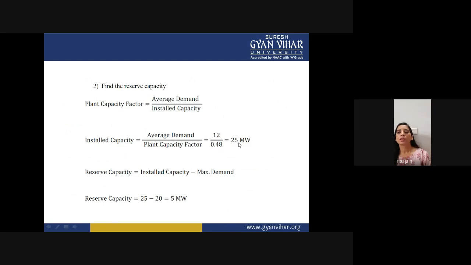So this is equal to 25 megawatt. Now we come to the reserve capacity. The installed capacity of the plant is 25 megawatt, and the maximum demand is already given in the question, which is 20 megawatt. So the reserve capacity is equal to 5 megawatt.